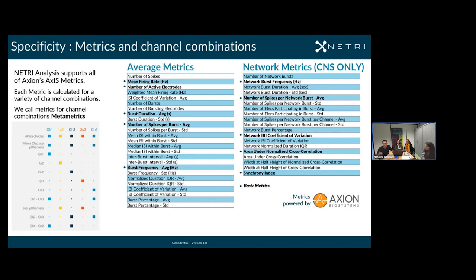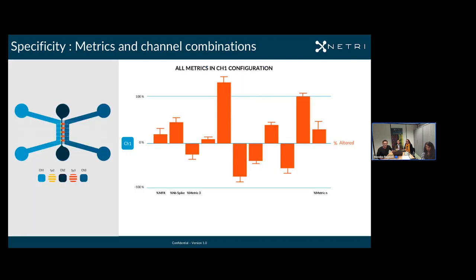Okay, so when you think about this, you basically have a large matrix of information. If you say, for instance, that you have all the metrics in the channel 1 configuration here, and this is just illustrative, not real data, just relative data for every single one of the metrics on channel 1.